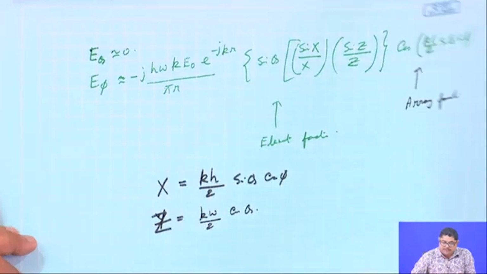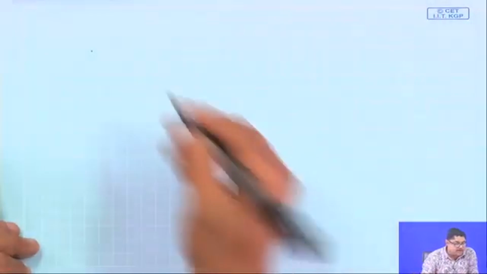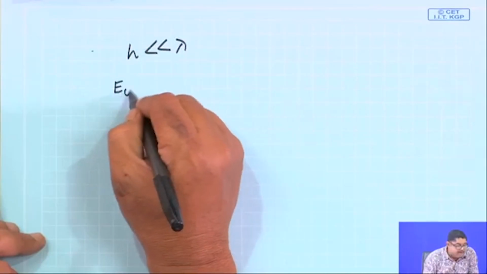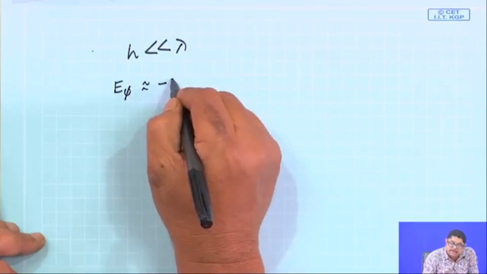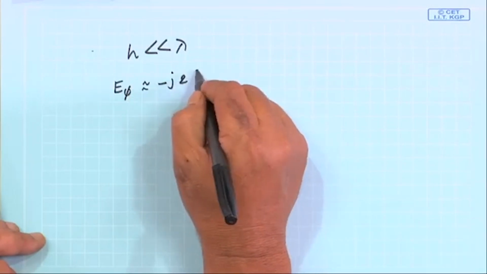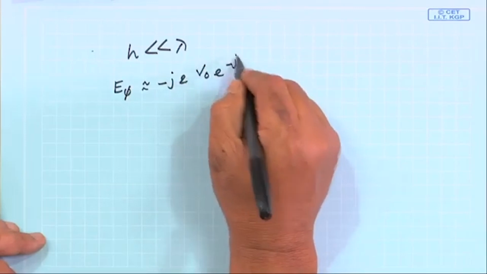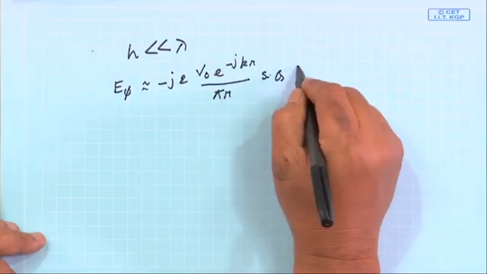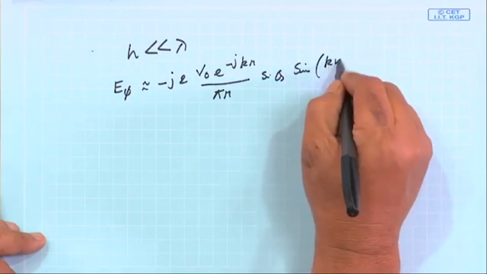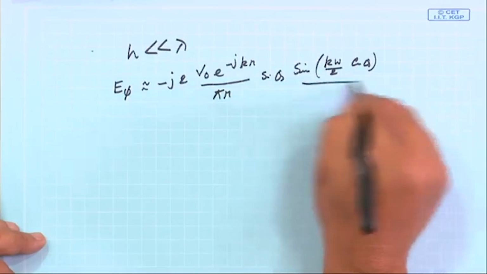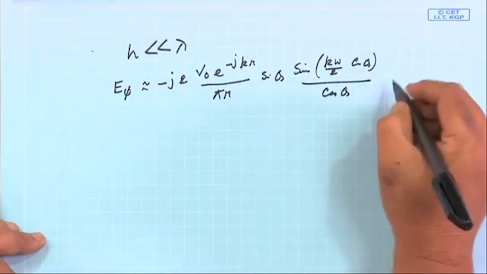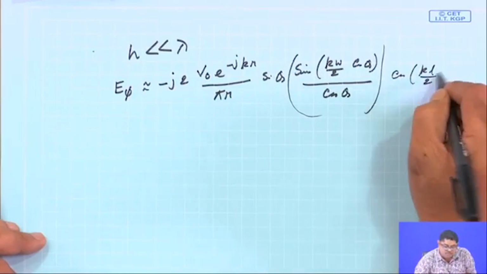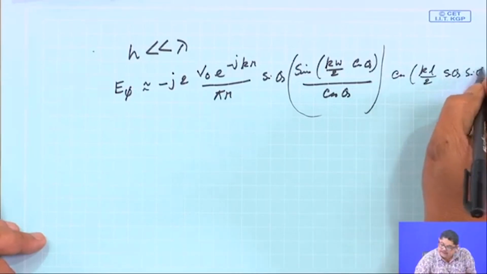So, if h is much smaller than lambda, E phi becomes minus j 2 V naught e to the power minus j k r by pi r sin theta, sin of k w by 2 cos theta by cos theta, times cos of k l by 2 sin theta sin phi.